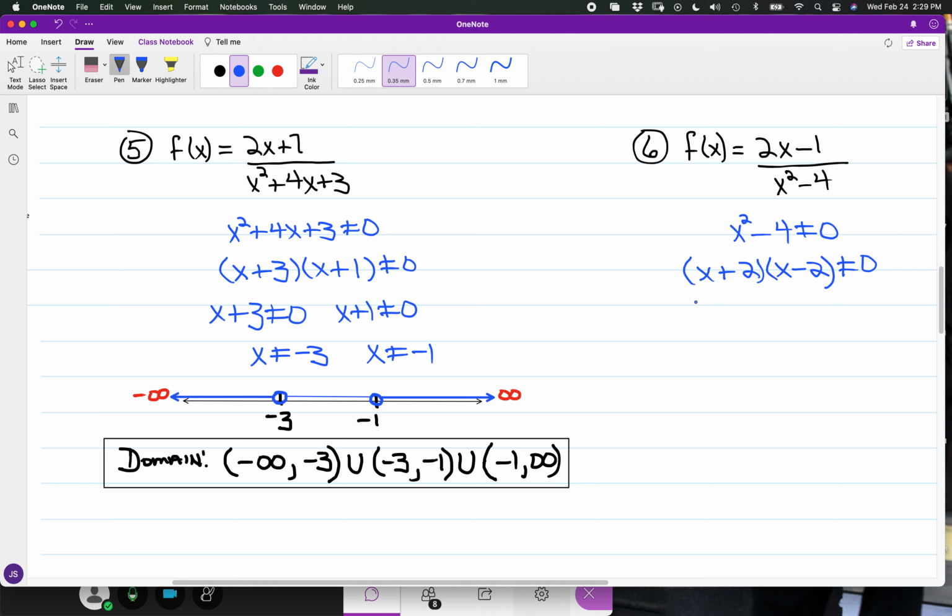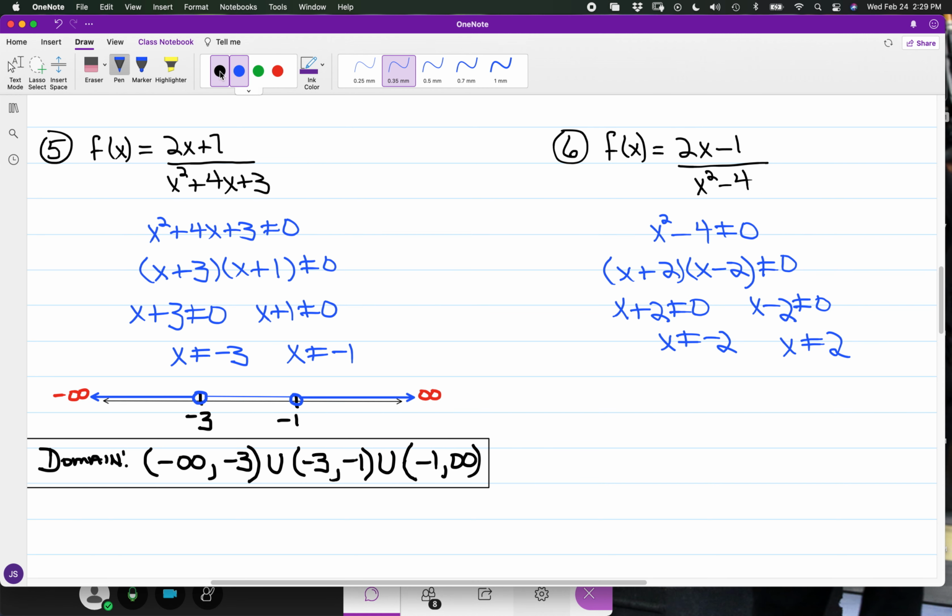With the factors, x plus 2 cannot be 0, so negative 2 is excluded among the values of x. And as for x minus 2, if this cannot be equal to 0, x cannot be equal to 2.